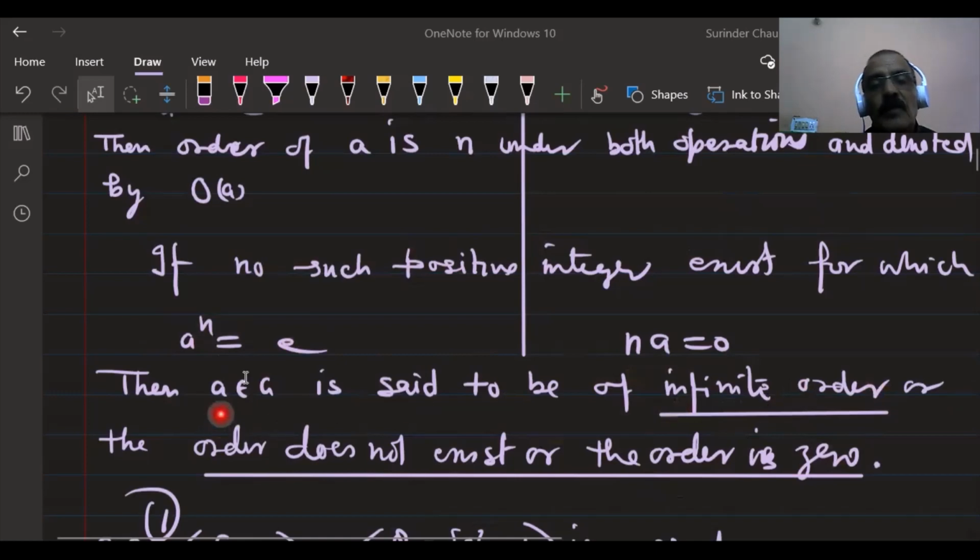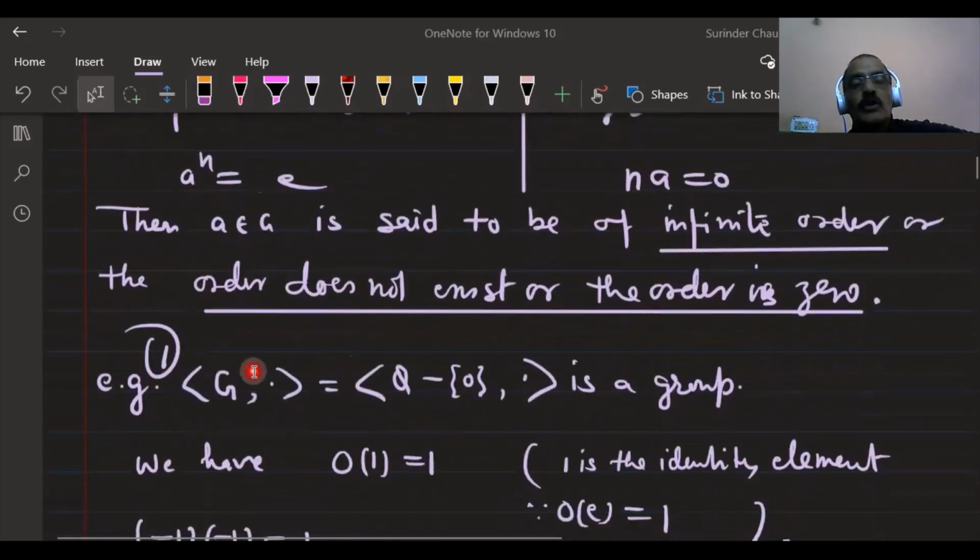We'll say a has infinite order, or that the order does not exist. In a group, the order of the identity element is always equal to 1.